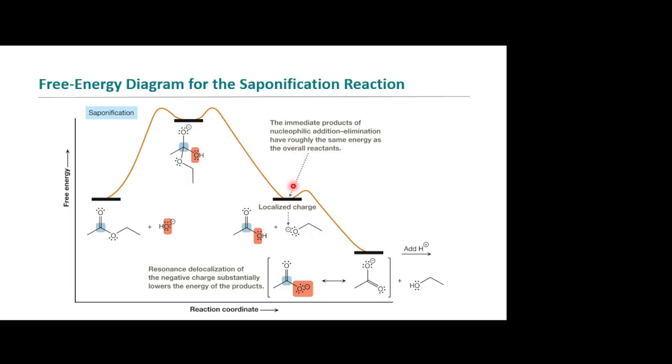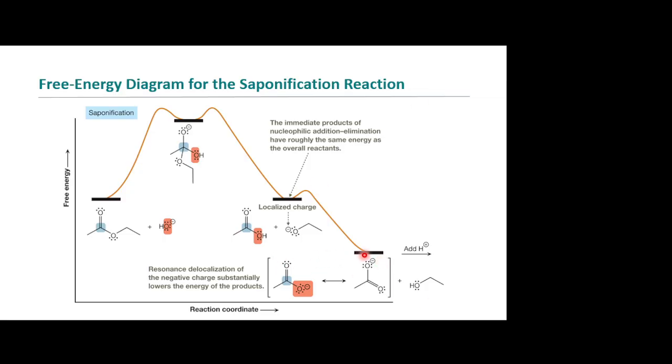Now notice that has localized charge. It's an intermediate that's going to fall apart really, really quickly, right? That energy barrier for the proton transfer is extremely low, so this can happen extremely fast. Okay? And so what you're going to get then is that irreversible deprotonation. And that's going to keep this from ever being able to go back. Because we're going to extend this back out so it looks like a clip, right?